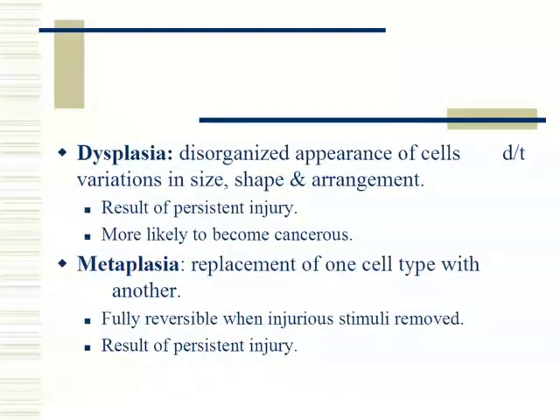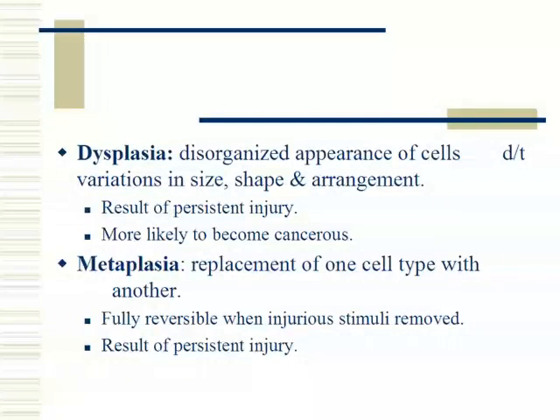Dysplasia is a disorganized appearance of the cells due to variations in size, shape, and arrangement. It is the result of a persistent injury, and it's more likely to become cancerous.